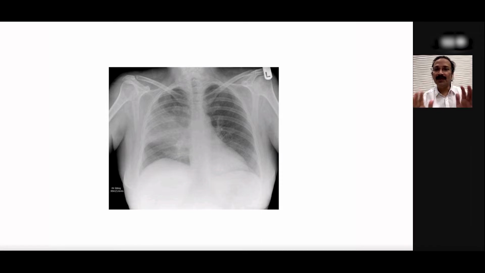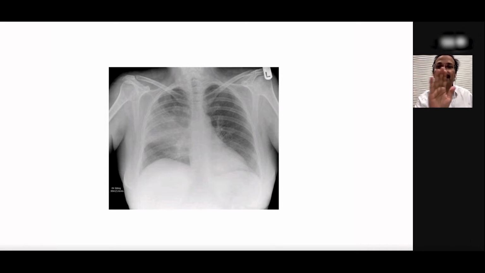If you have done that, then I will say you are at least 30% of the way there in understanding pneumonia. Okay, so there is an opacity in the right upper and mid zone as compared to the left side. The trachea is in the center. You can see a black or blackish line right in the center. That's the trachea.